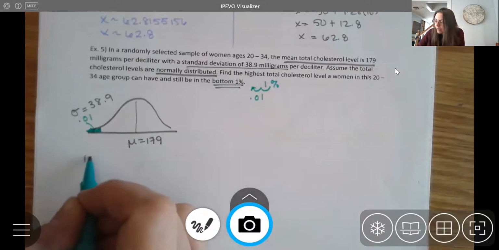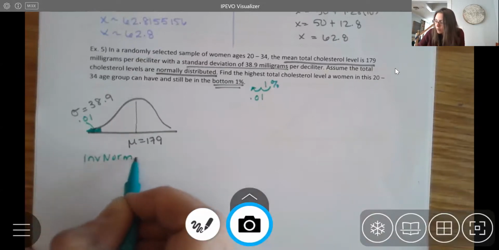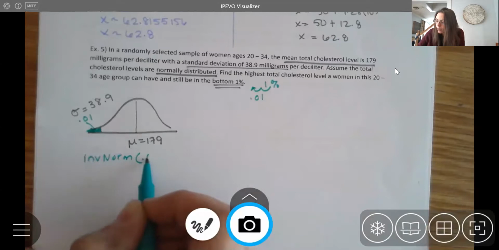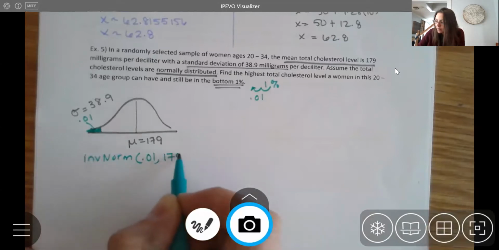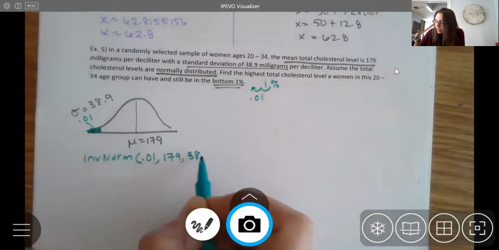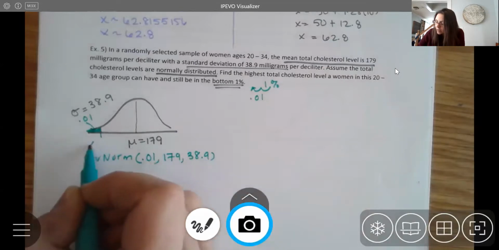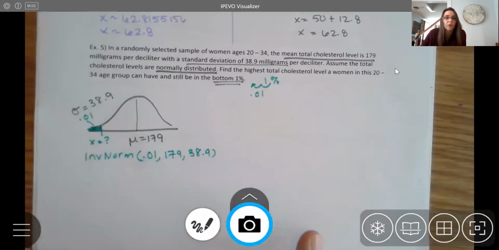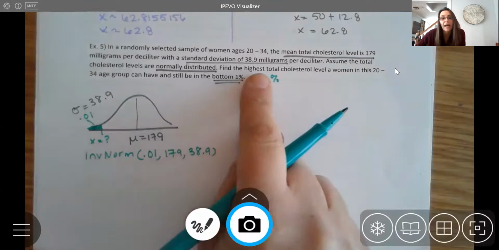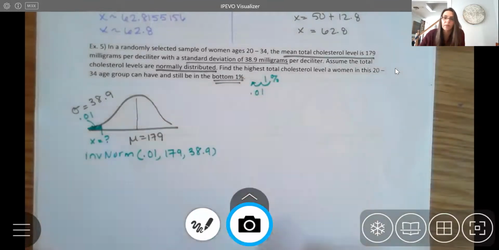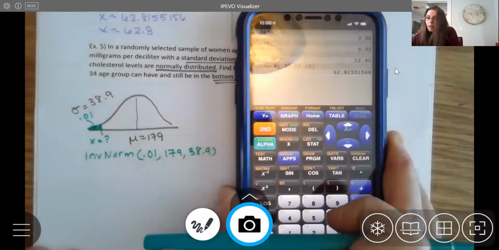So if I'm using my calculator, the inverse norm, the area to the left is going to be 0.01, the mean is 179, and my standard deviation is 38.9, and that's going to give us this X value that we're looking for, because we're finding the highest total cholesterol level. All right, so let's take out our calculator.